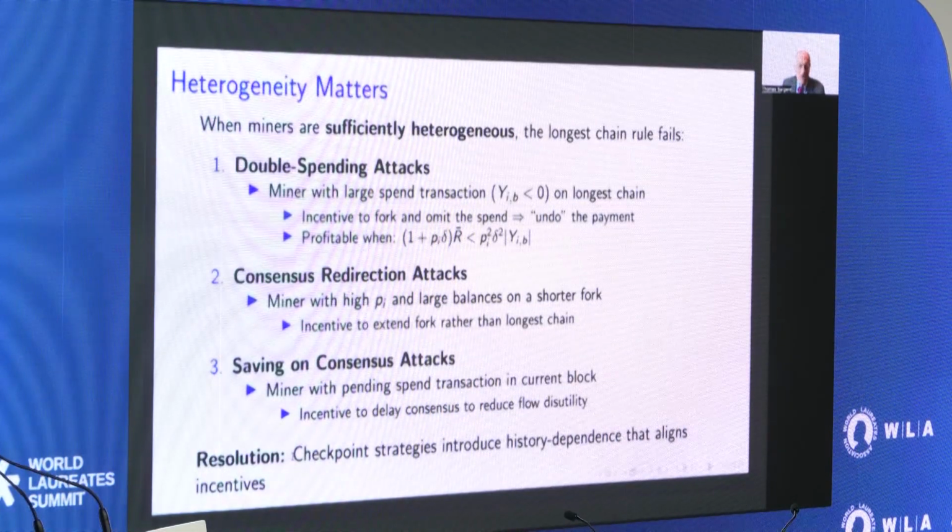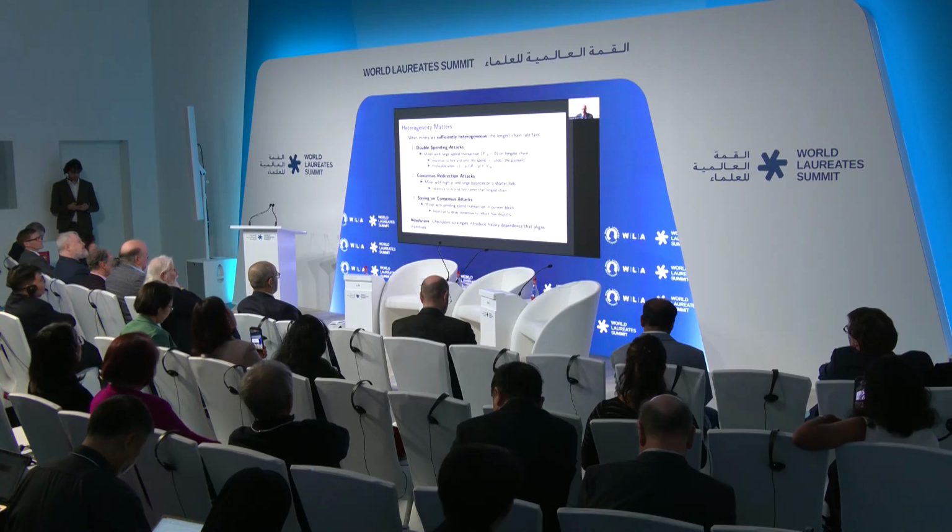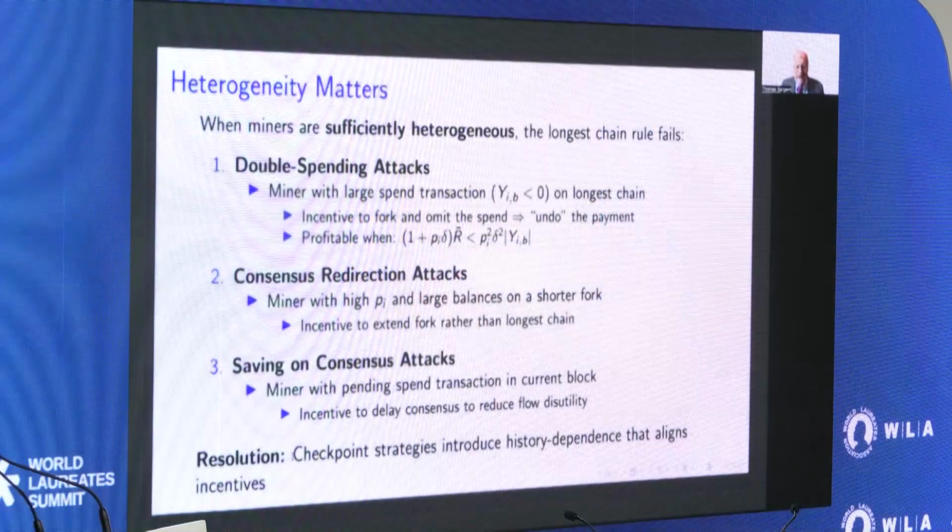So with checkpoint, we're going to use history, extend the strategy space, and they're going to rig the history dependence. If you're a Markov decision person, we're going to extend the state to make it longer and longer in a way that's going to align incentives to promote consensus. That's what these guys are after.